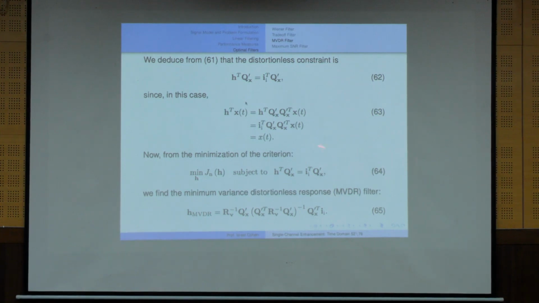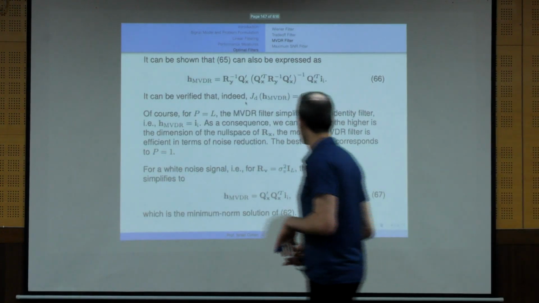It keeps them intact. And then it reduces the noise in the remaining subspace. The easiest way to reduce the noise is to put nulls, zeros, in the other coefficients. Very easy. Okay, let's continue.